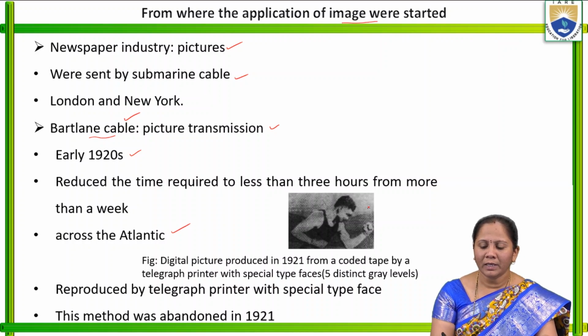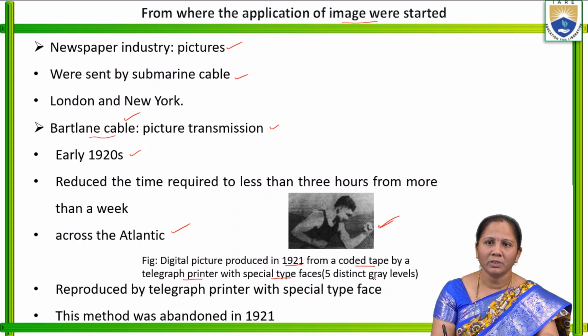Here we can see one of the images. This is the image captured by using this Bartlane cable. This is the digital image produced in the year 1921 by using coded tape and a telegraph printer with special type faces. When this picture was captured, they used only 5 distinct gray levels.